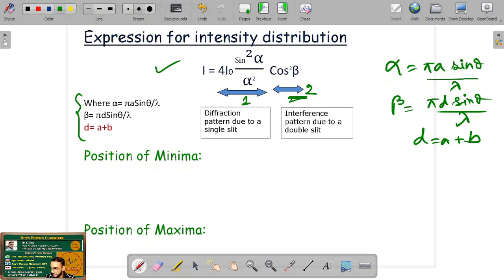In double slit interference, the intensity distribution is proportional to cos square beta. So the first term is related to the diffraction pattern due to a single slit, and the cos square beta term is related to the interference pattern due to a double slit. Together they form the expression for the double slit diffraction intensity pattern.